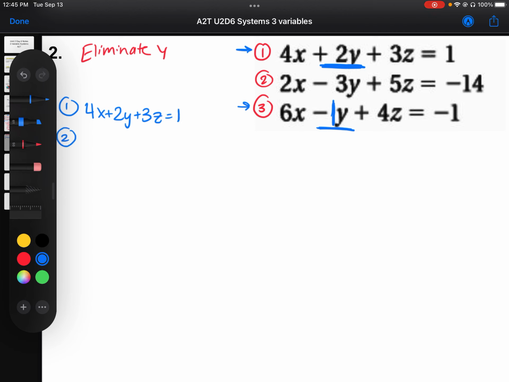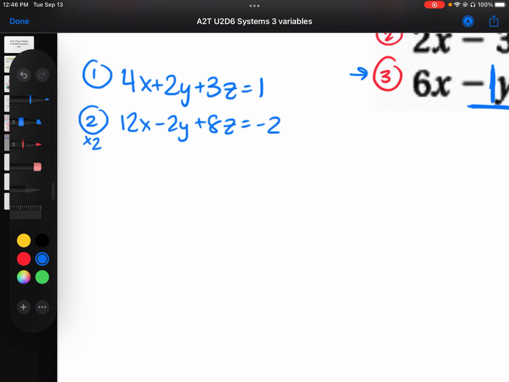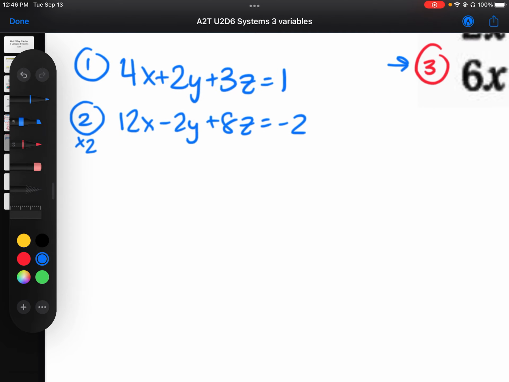Equation 3, I'm going to multiply that by 2 in order to get my y value into -2. So 12x minus 2y plus 8z equals -2. Don't forget to multiply every term. Add these. This is going to give us equation A. And you don't have to label it A. That just sometimes helps me stay a little bit more organized.